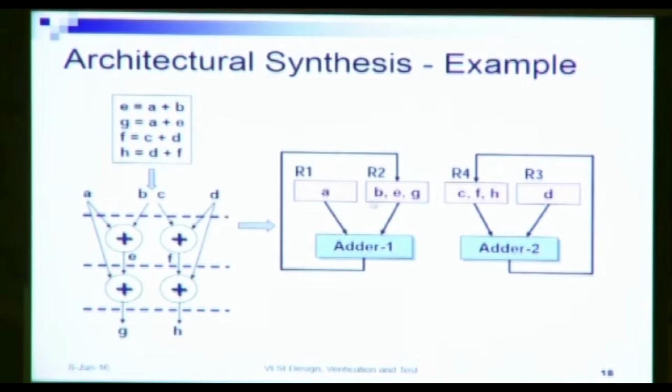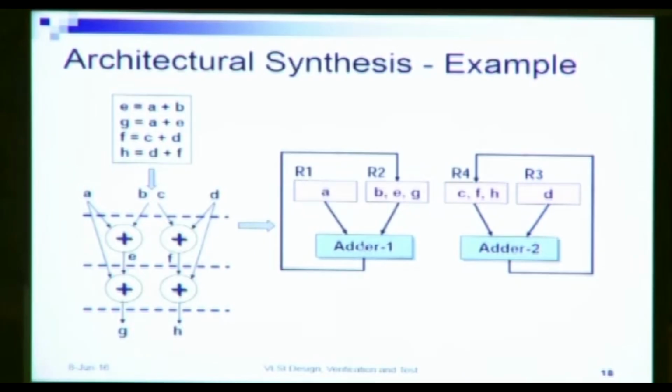So let us see how we can realize this. At time step 1, we have B and E as input to this adder, and so I will have one mux that takes the input to this adder and another one that takes the input to this one.